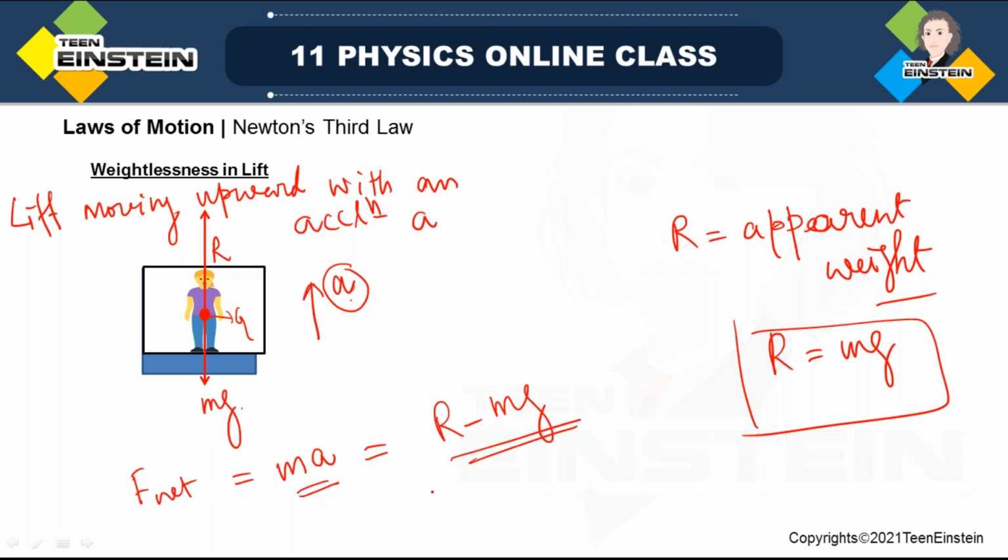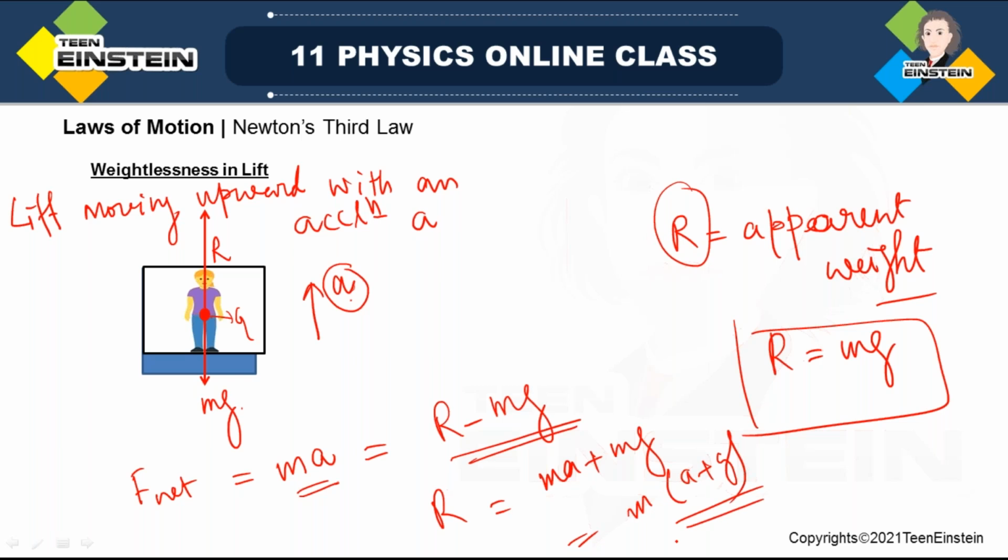So what is the apparent weight? Apparent weight means you have to find out R. R is actually M into A plus mg, so you can see M into A plus G. What does this mean?